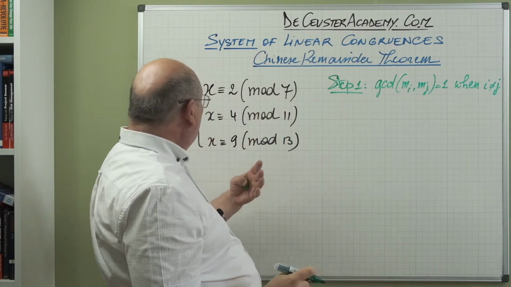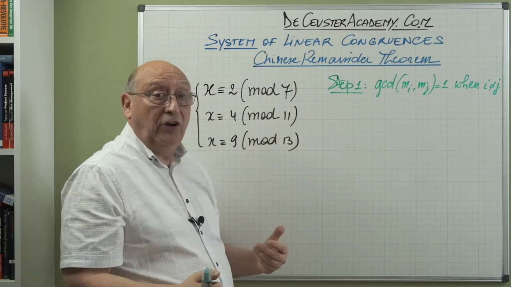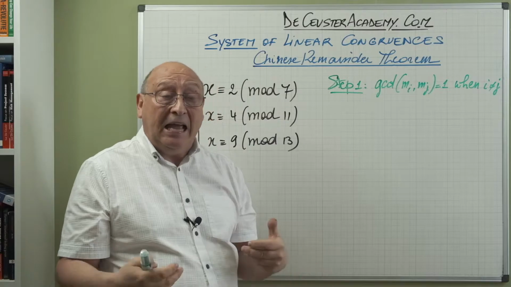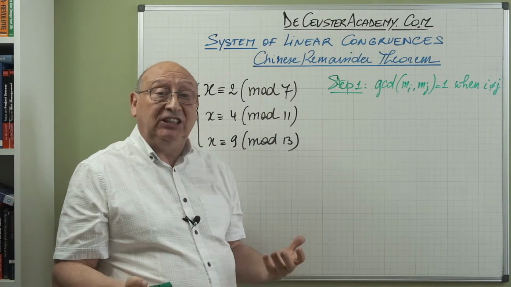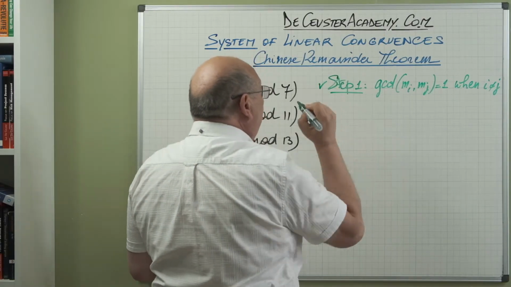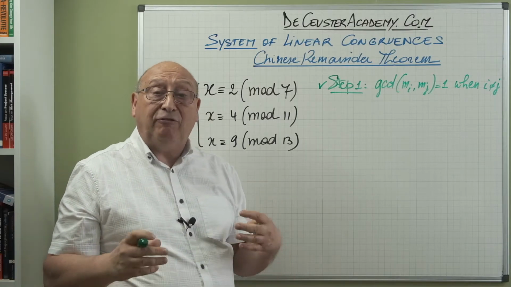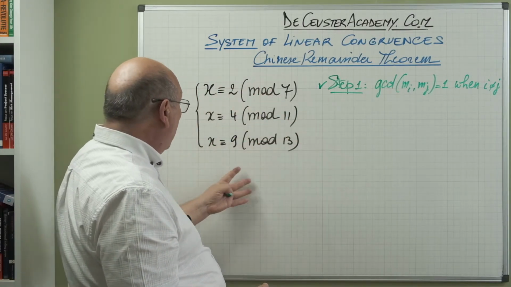Now in this case it's very easy because the numbers 7, 11 and 13 are special numbers. They're all prime numbers, so they always have a GCD which is equal to 1. So this is confirmed, which means we have one unique solution for this problem.